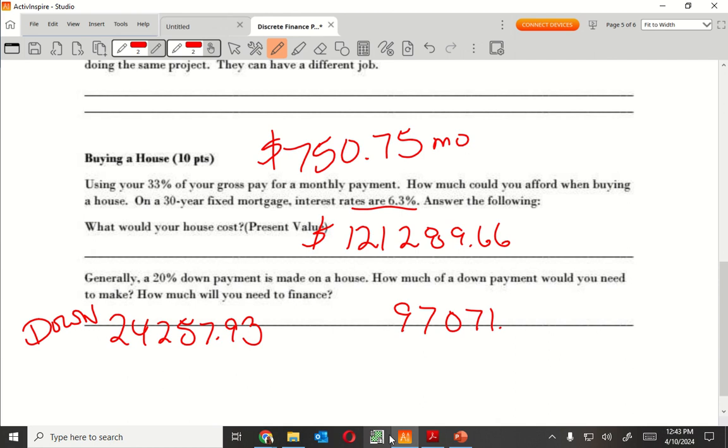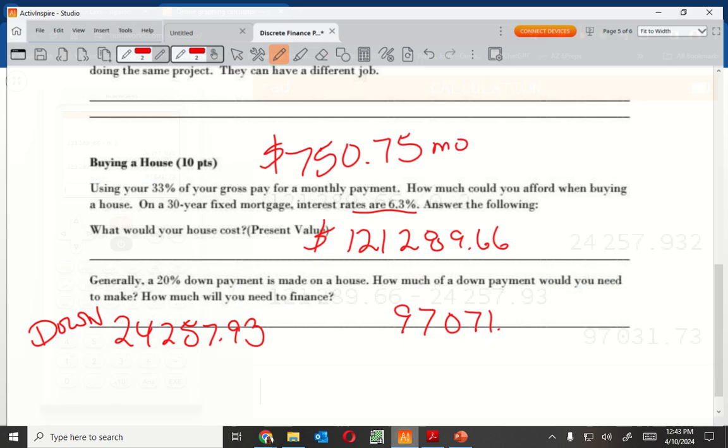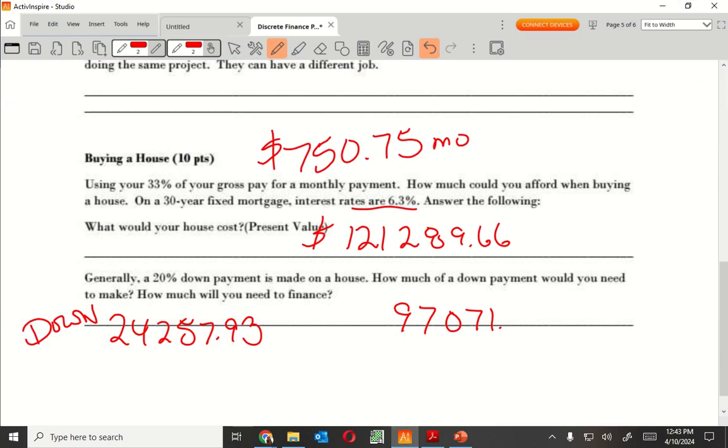And that's how much I'm going to have to finance.